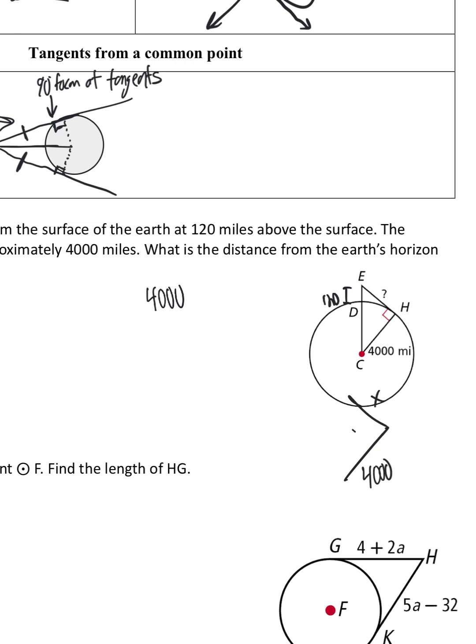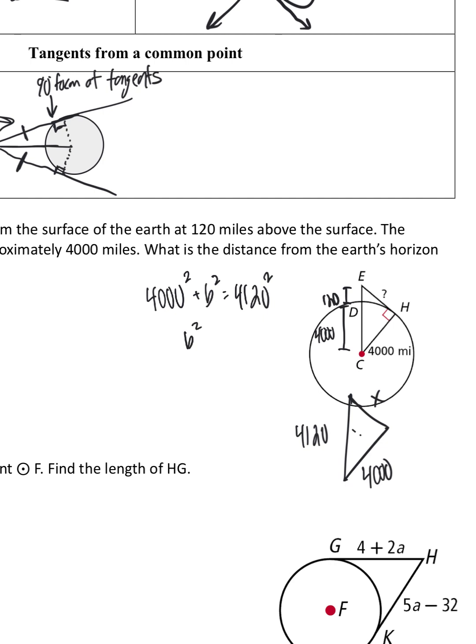This length is 4,000 plus the 120, so the hypotenuse is 4,120. So we can do 4,000 squared plus b squared equals 4,120 squared.